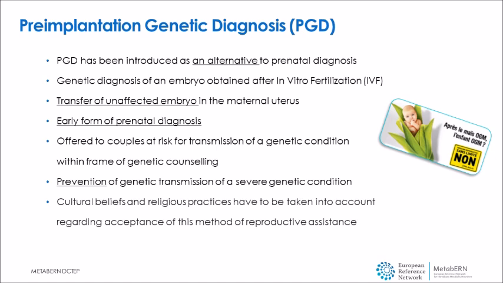This is a kind of early form of prenatal diagnosis offered to couples at risk for transmission of a genetic condition within the frame of genetic counseling, and the aim is to prevent the genetic transmission of a severe genetic disease. Of course, cultural beliefs and religious practices have to be taken into account regarding the acceptance of this method of reproductive assistance.